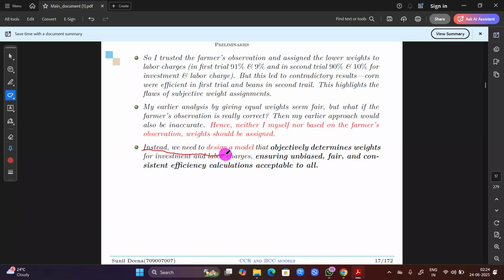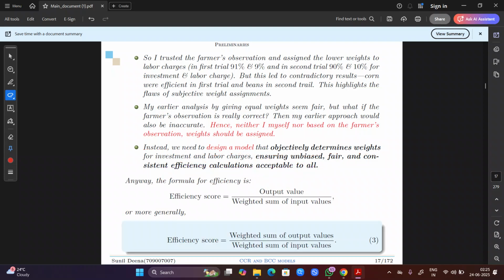Instead, we need to design a model that objectively determines the wage for investment and labor charges, ensuring unbiased, fair and consistent efficiency calculation acceptable to all. So anyway, if there is more than one input and more than one output, then we can use equation number 3.